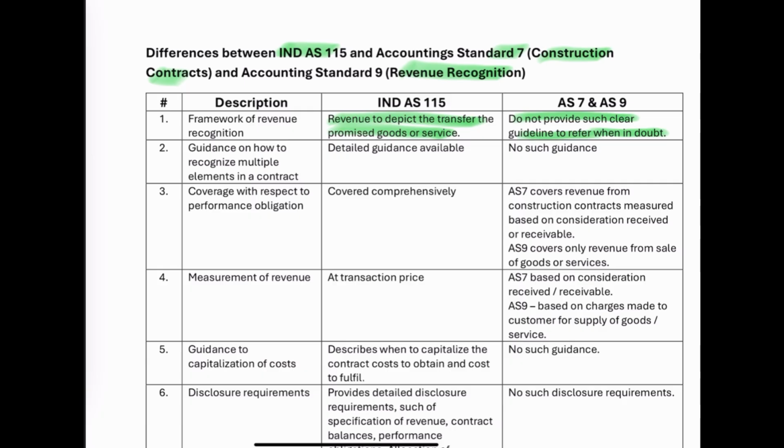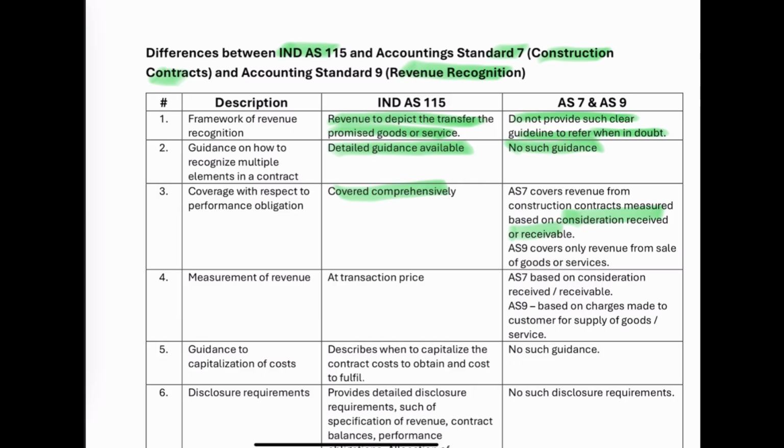Okay, similarly, guidance on how to recognize multiple elements in the contract. Here also under Ind AS 115 we have the detailed guideline, but under accounting standards 7 and 9 there are no such guidelines. And coverage with respect to performance obligation is covered very well under Ind AS 115, but accounting standard 7 covers revenue from construction contracts measured based on the consideration received or receivable.